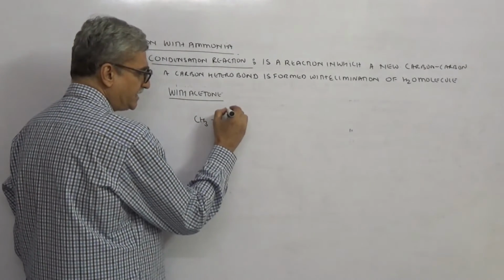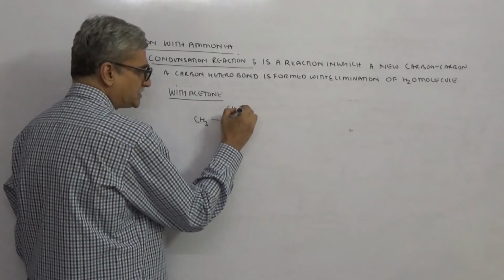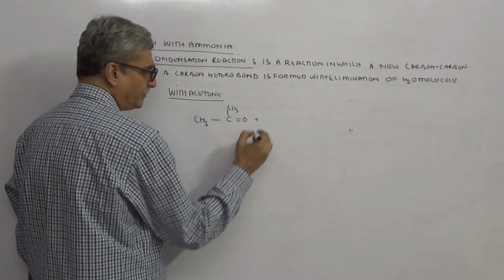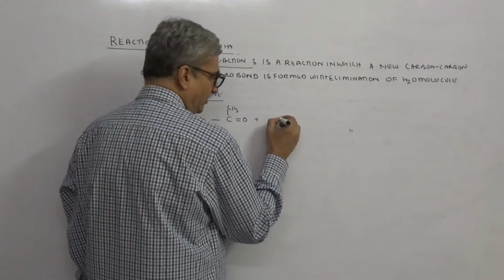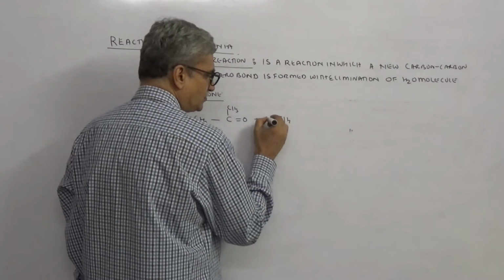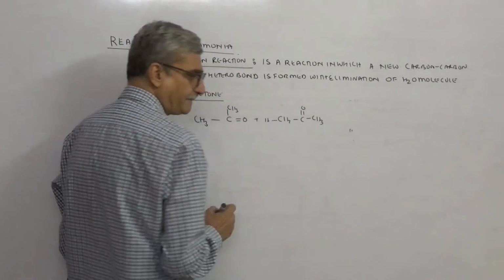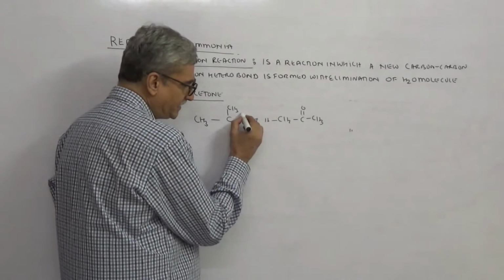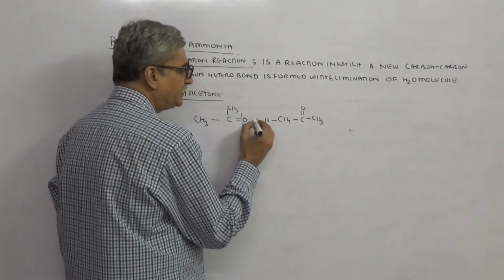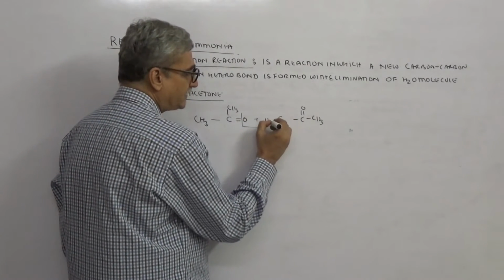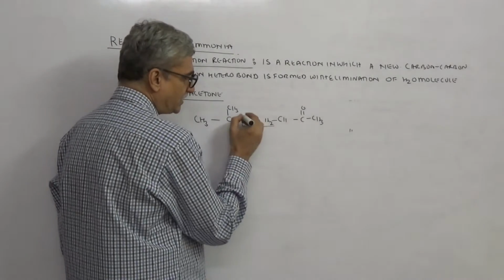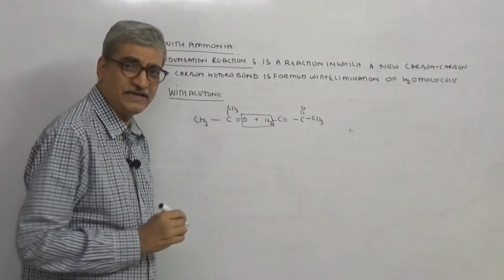So you have CH3 double bond O plus you have CH2H C double bond O CH3. So what is happening is this O and H, okay. So this will eliminate water molecules.